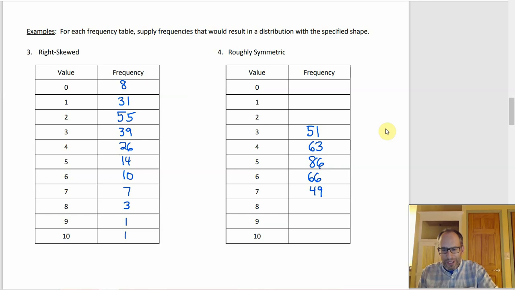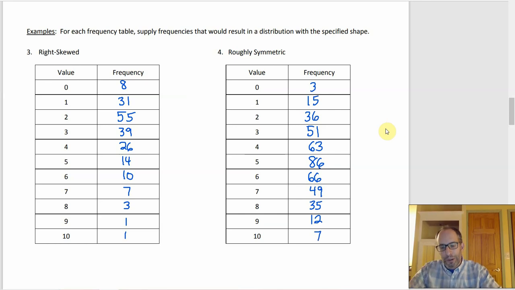Then mid 30s, let's say, like 36 and 35. We'll keep those almost the same. Maybe mid-teens, like a 15 and a 12. And then something single digits, 3 and a 7, let's say.